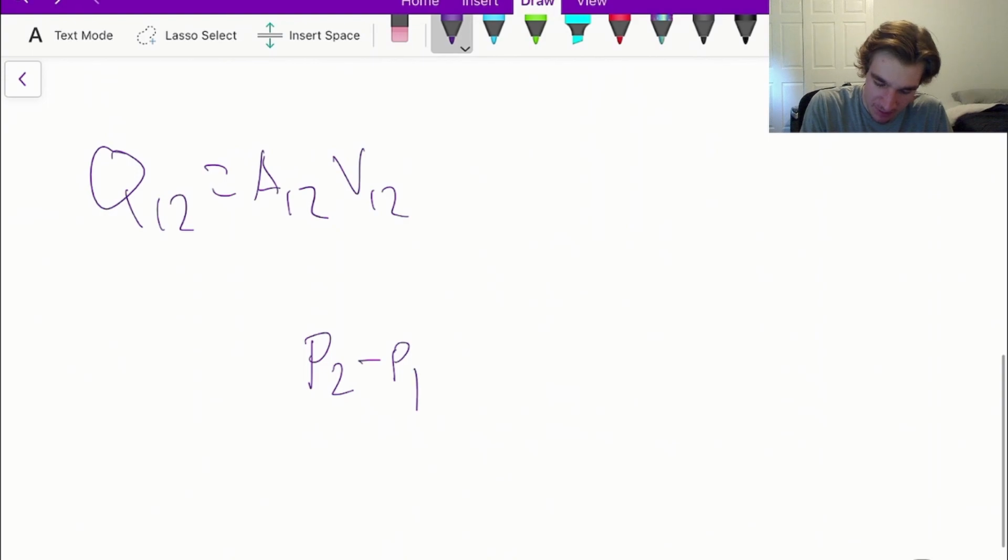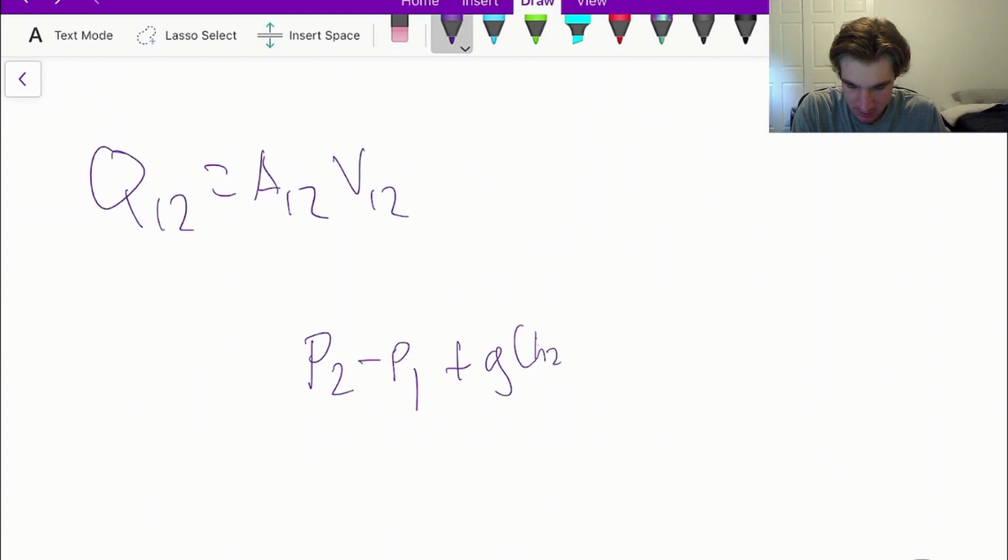P2 minus P1 over rho plus delta Z times G plus the change in velocity squared, V final squared minus V initial squared, over 2.